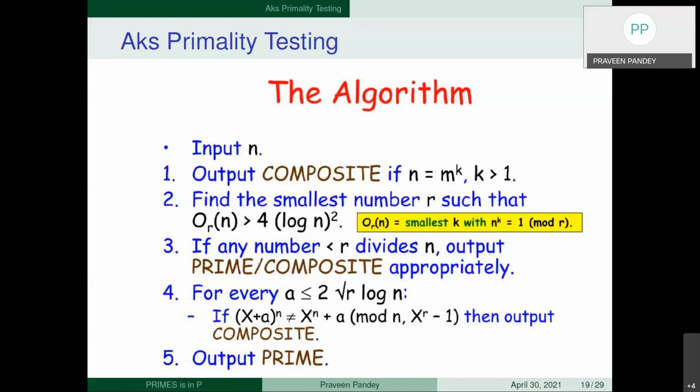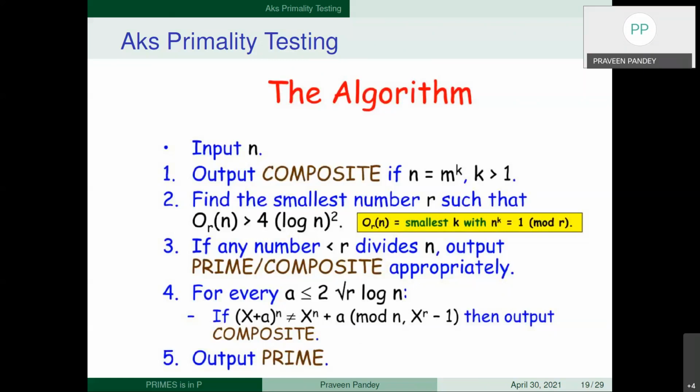As the value of a ranges from 1 up to 2 times the square root of r times log n, we come out to O of r times the square root of r times log squared n times log n.